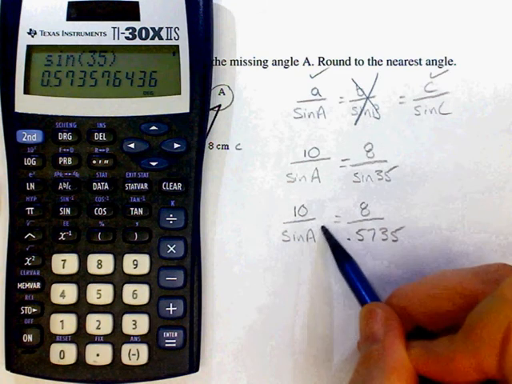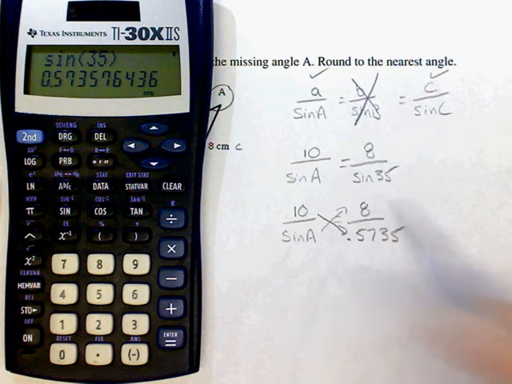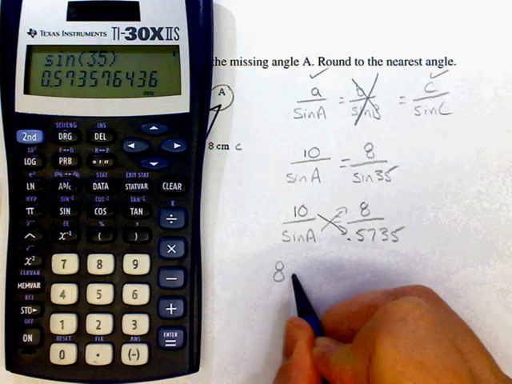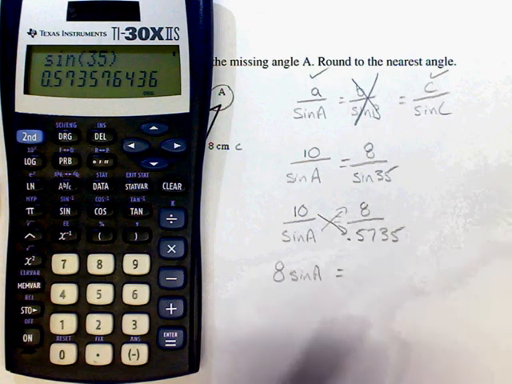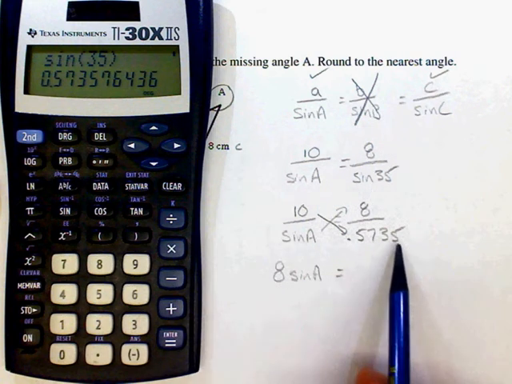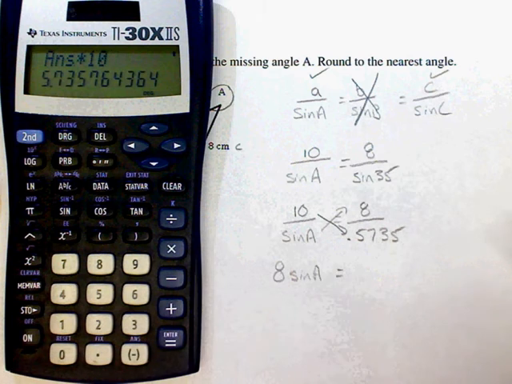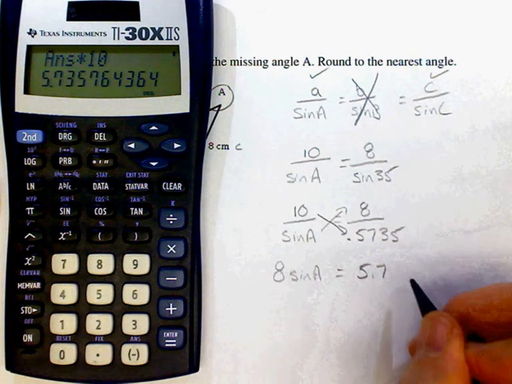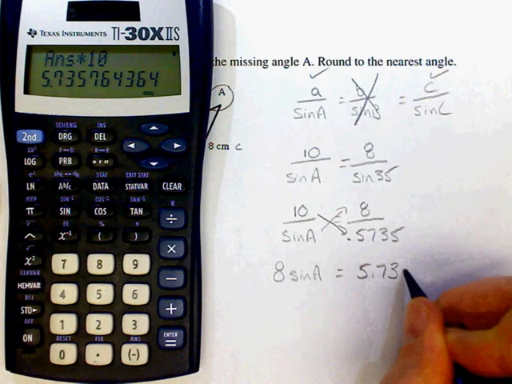Cross multiply. Sine of A and 8, well, I'll write them beside each other. 8 sine of A equals 0.5735, which is already in my calculator, times 10, will give me 5.735.